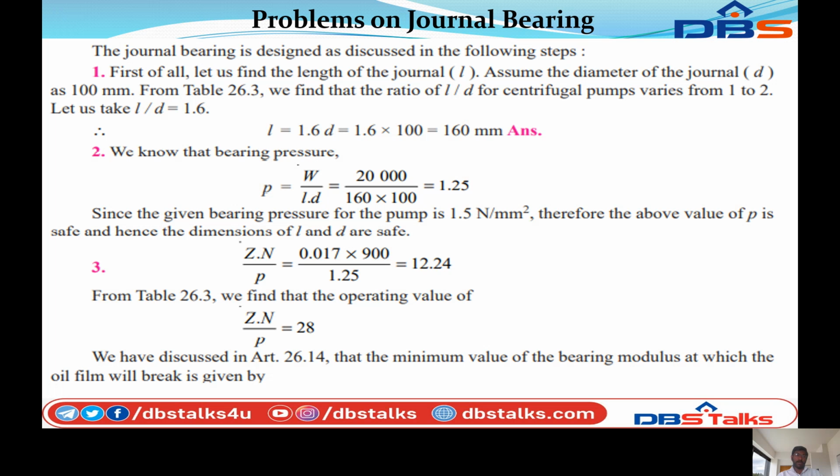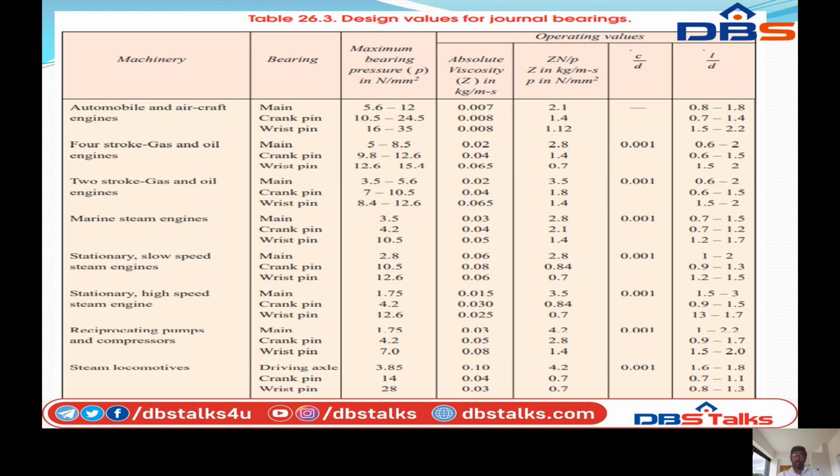So you can take it as 1.6. So L by D equal to 1.6. This is the ratio for wrist pin, automobile and aircraft engine, which ranges from 1.5 to 2.2. So we can take 1.6 in the problem.